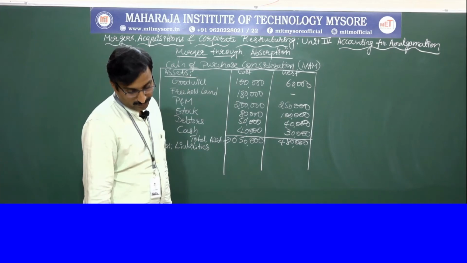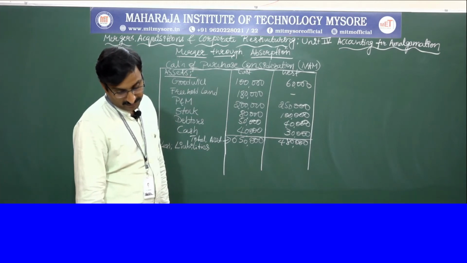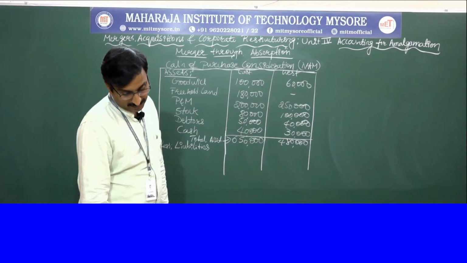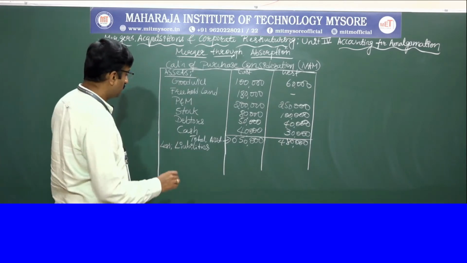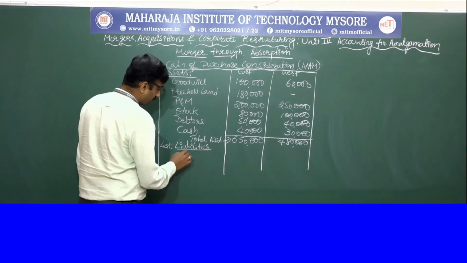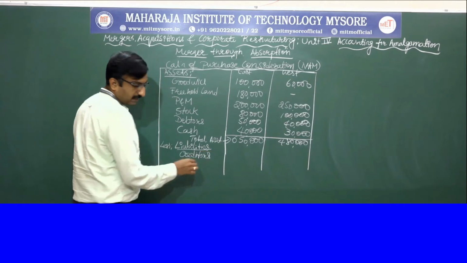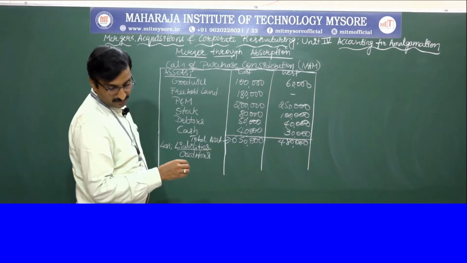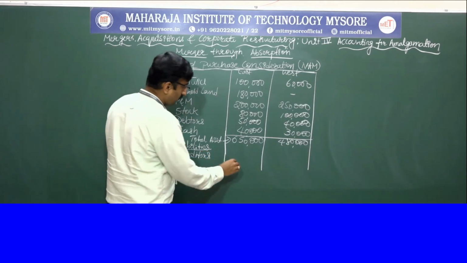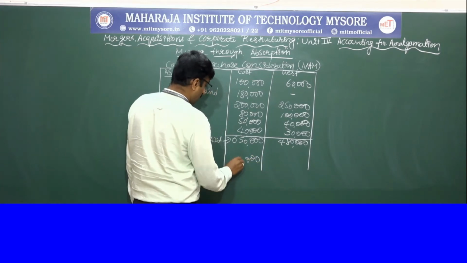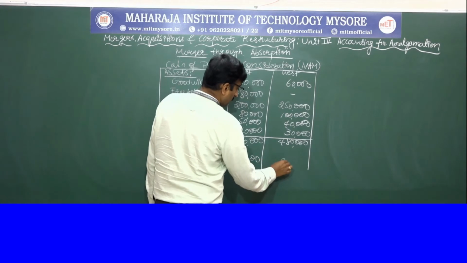Provision for depreciation we have 10,000 rupees only in West Limited, and creditors we have 10,000 and 20,000 in both the companies. So take the creditors: 10,000 and 20,000.